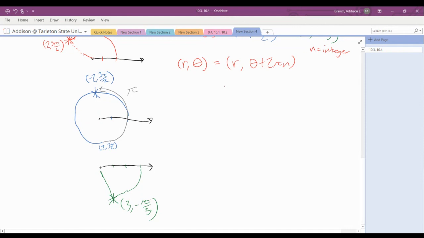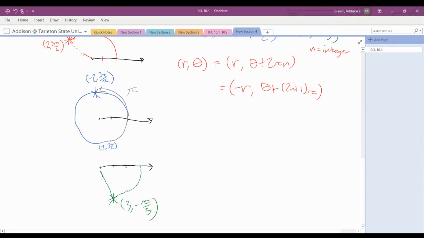The other representation that you can use is (-r, θ + (2n+1)π), and once again, n is an integer.